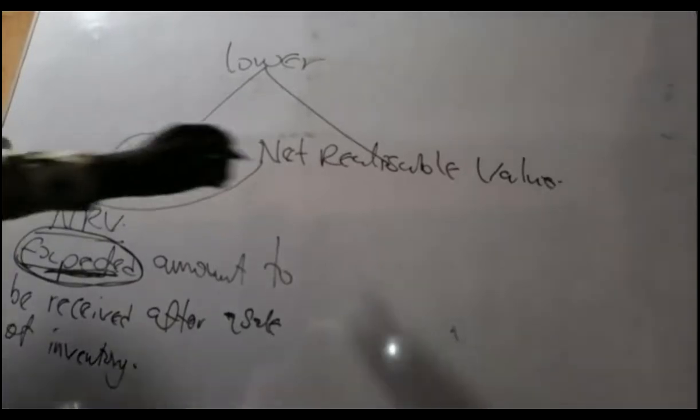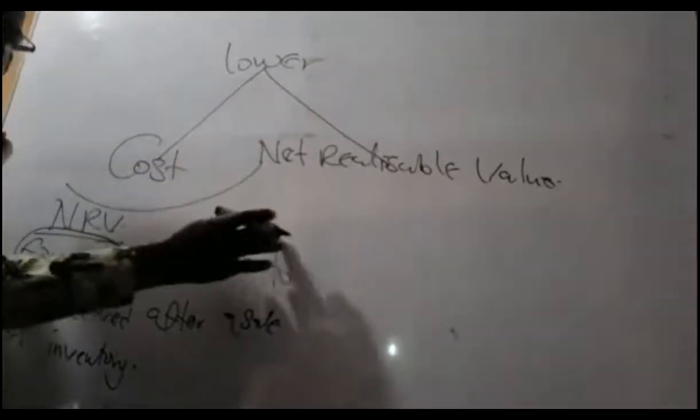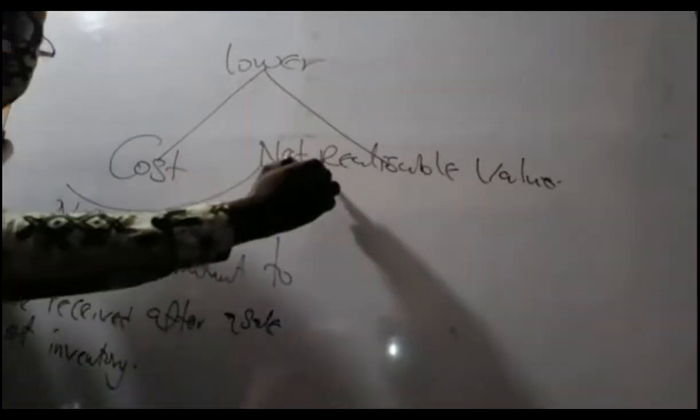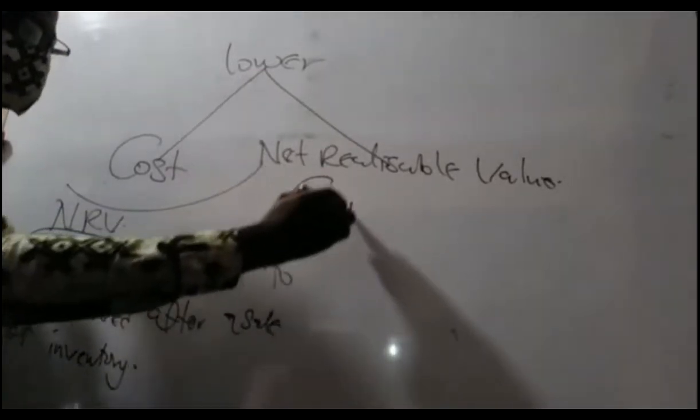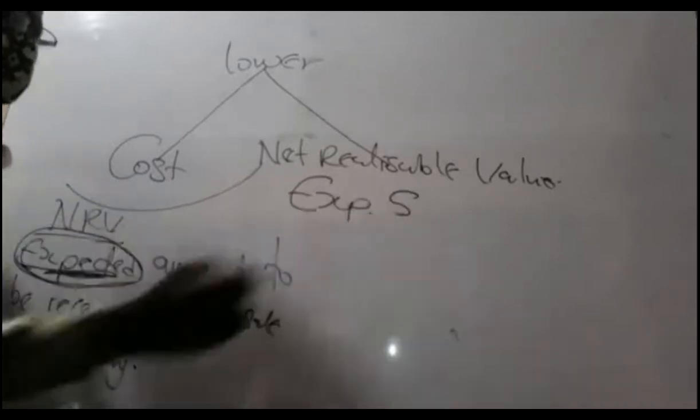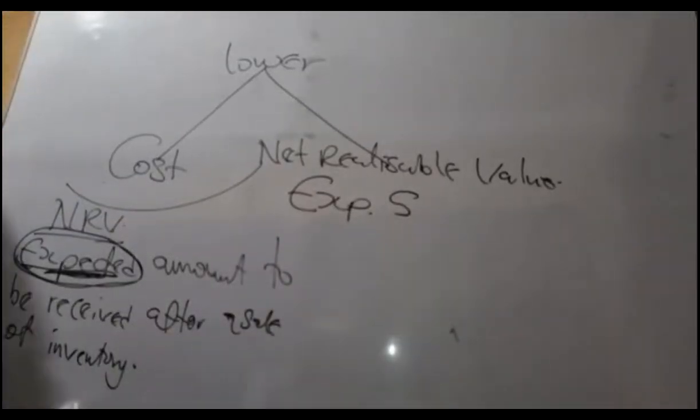So the definition or the formula for calculating NRV is expected selling price or sales value.